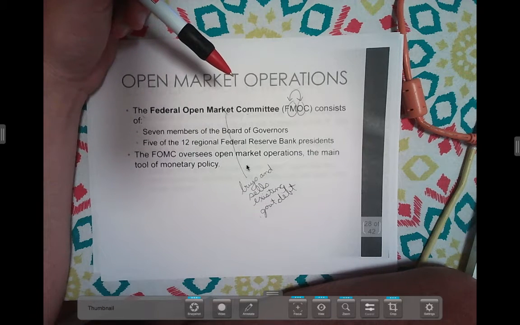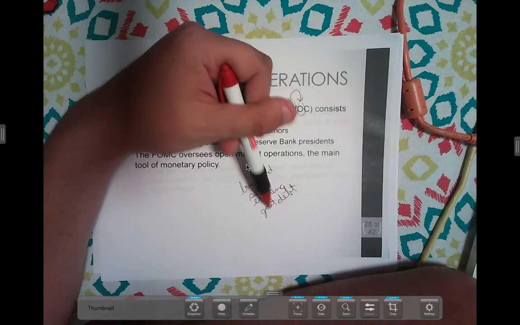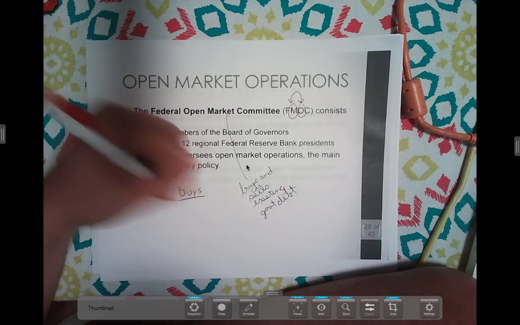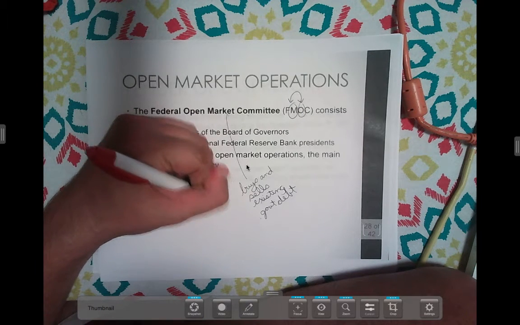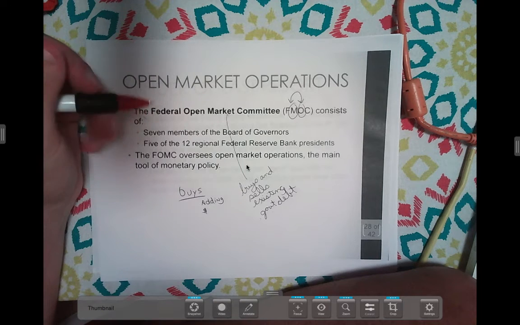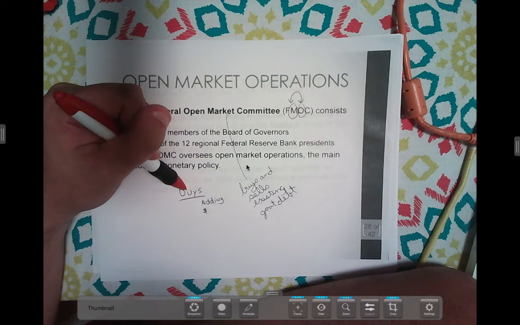But you can't just print money. Like, how would you distribute it, right? And they can't just destroy money. How would you decide whose money to destroy? That's why they buy and sell the existing debt, because when the central bank buys, it's adding money because the Federal Reserve is printing the cash to buy that existing debt.